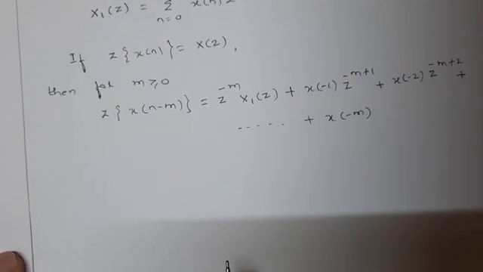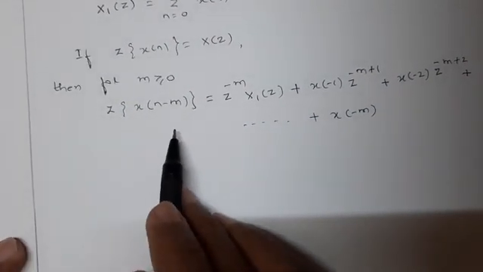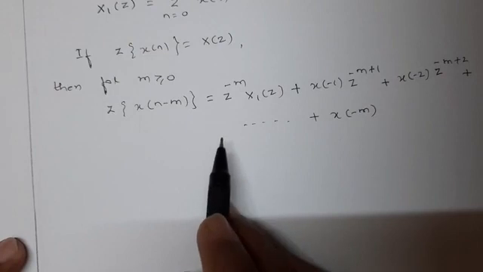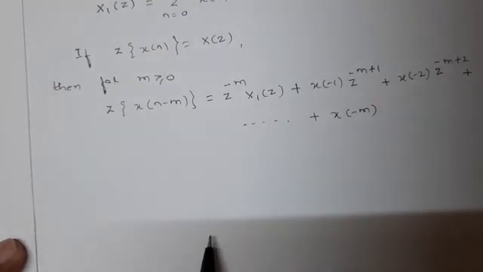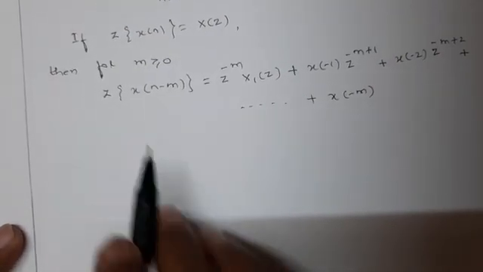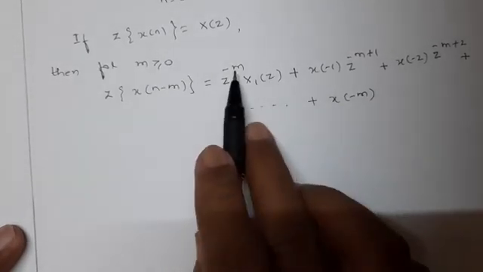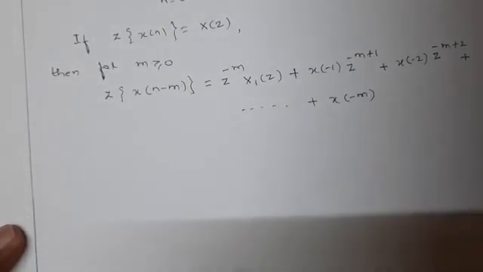The earlier case was that the Z transform of x(n minus m) was z to the power minus m X(z), but now for unilateral, apart from z to the power minus m X(z), I have other things.